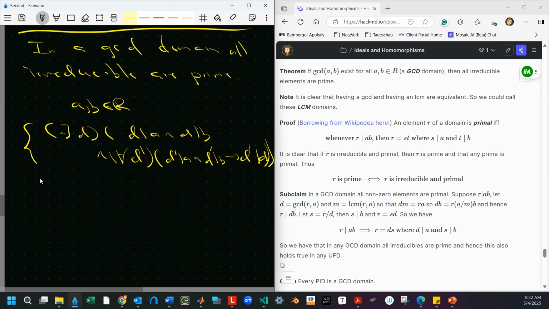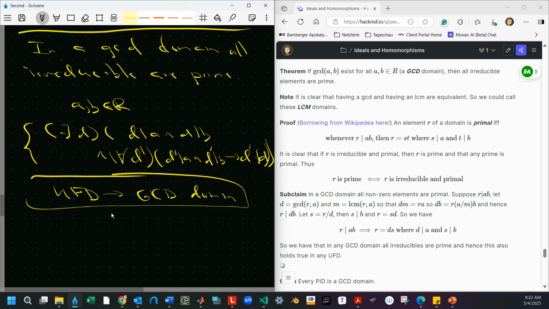Okay, let's also just do this real quick. If we're a UFD, then we're definitely a GCD domain. Okay, so I'm not proving the theorem yet. I'm just getting some consequences from it first. Why is that? Well, this is like the grade school version of finding a GCD.